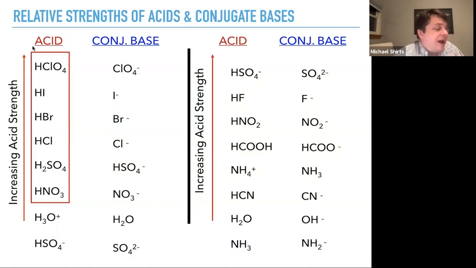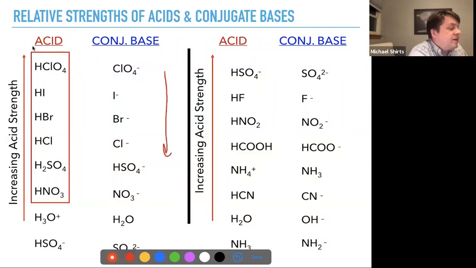The stronger the acid is, the weaker the base is. If you look at the conjugate bases, here we've got perchlorate, which is the conjugate base of perchloric acid. It's not a very strong base because it doesn't want H plus very much, right? Because perchloric acid is desperate to get rid of that H plus, so the conjugate base is simply not going to accept it very much.